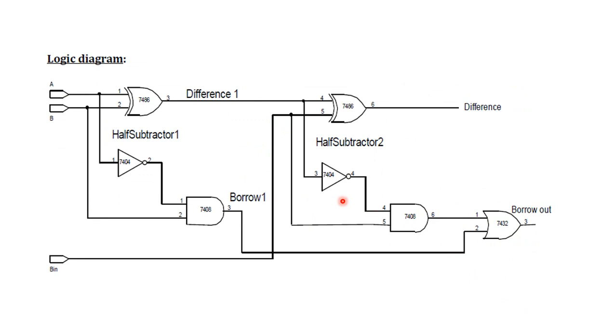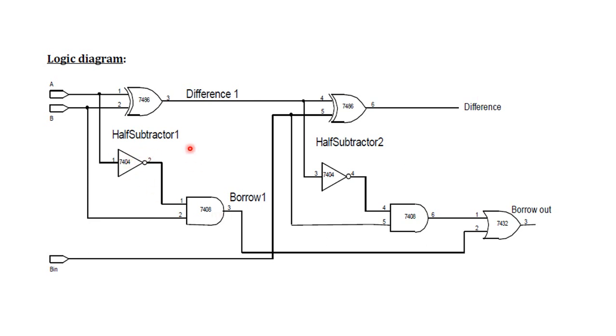Now this is using the XOR gates. Here A and B are inputs to the XOR gate, so the output will be A XOR B, which is given as input to the next XOR gate. One more input of the second XOR gate is Bin. The output difference is A XOR B XOR Bin.